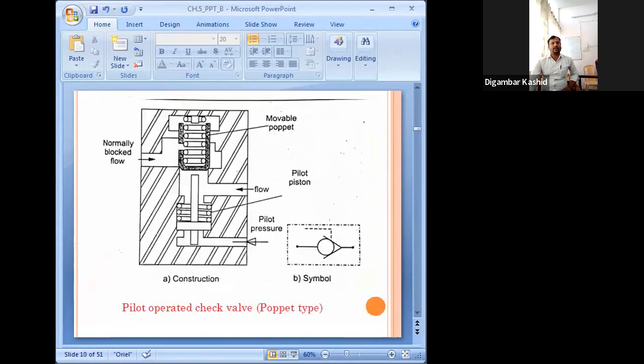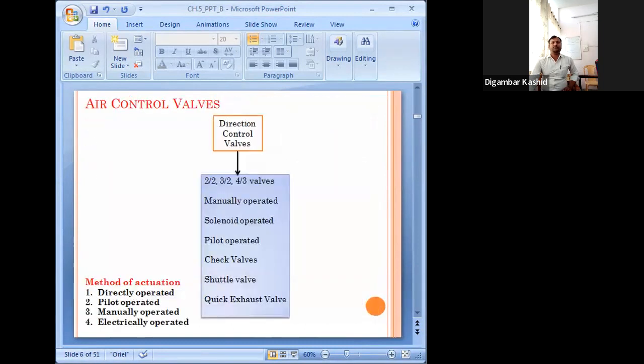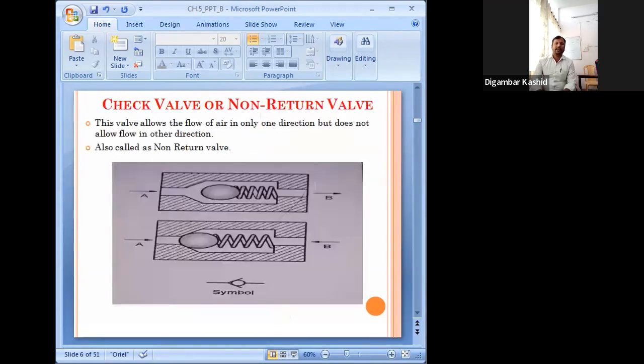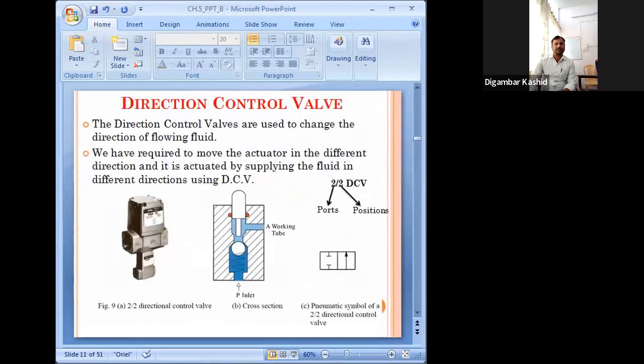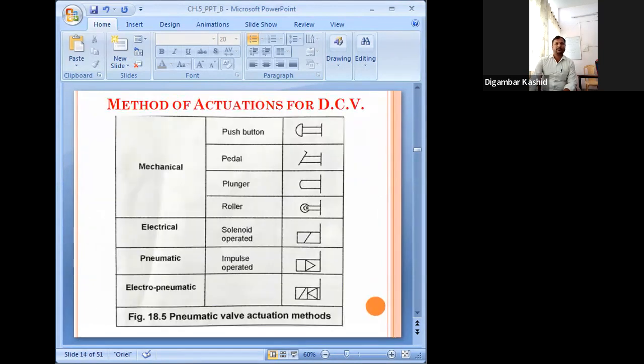The actuation mechanisms we have seen for the hydraulic system are the same here. Directly operated falls under mechanical. Again in that, we have pilot.